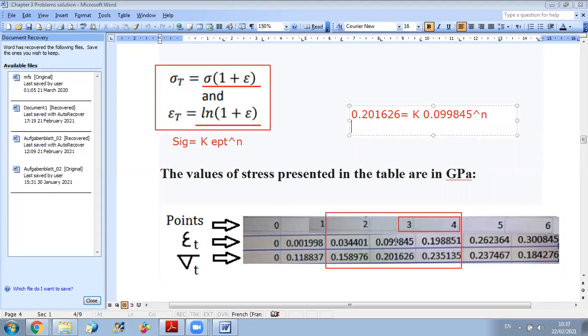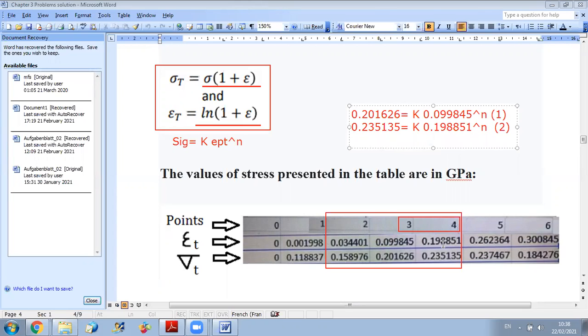And I will obtain a first equation including two unknowns, k and n. Now I will write the second equation. So I will take point 4. For point 4, what is sigma true? It's 0.235135, equal to k times the value of epsilon true at point 4, which is 0.198851 to the power n. This is equation number 2.